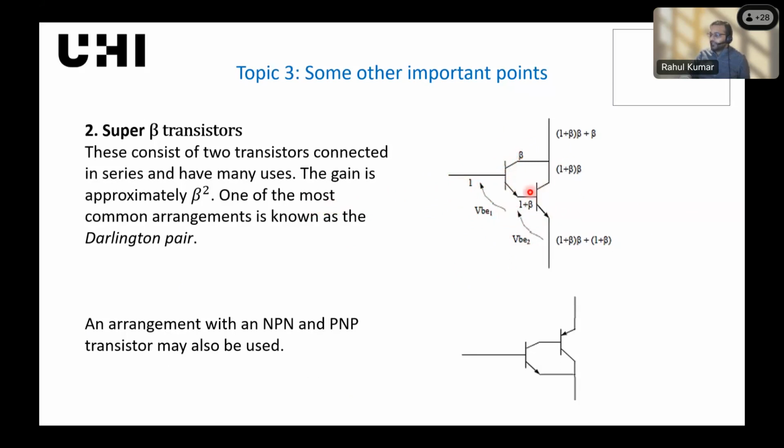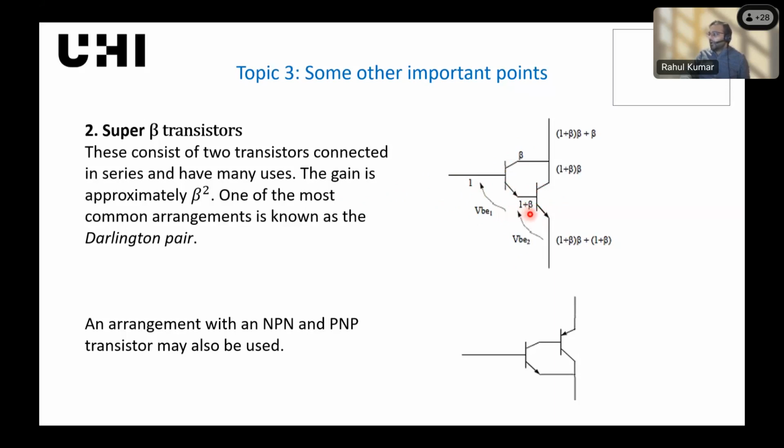So at the emitter, you will get beta plus 1. So this will be the output. Now, if you connect another transistor to the emitter of the first, then the input to the second transistor is now beta plus 1.